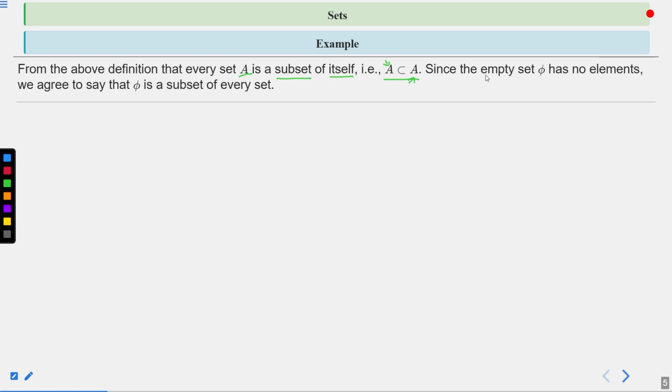Now, since the empty set phi has no element, we agree to say that phi is a subset of every set. Or in other words, there does not exist any element from this set which doesn't belong to this set. Clear?